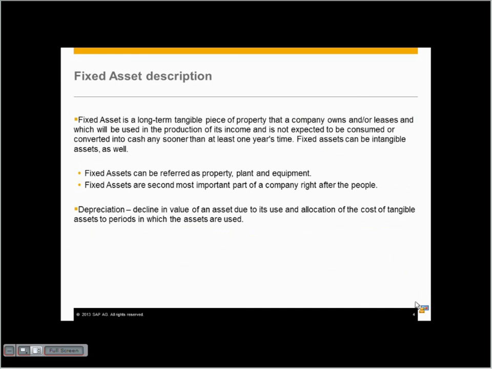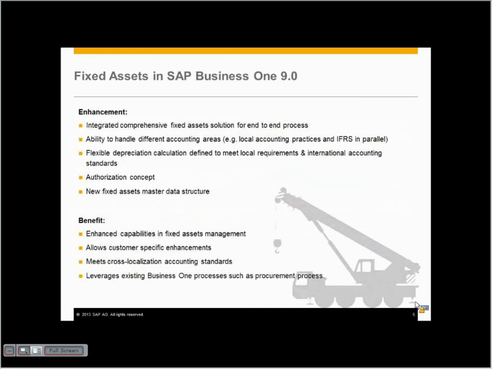In SAP Business One 9.0, the enhancement is that it's an integrated, comprehensive fixed asset solution for end-to-end processes, with the ability to handle different accounting areas, for example, local accounting practices and IFRS in parallel, and flexible depreciation calculation defined to meet local requirements and international accounting standards.